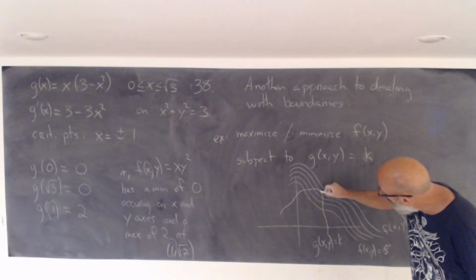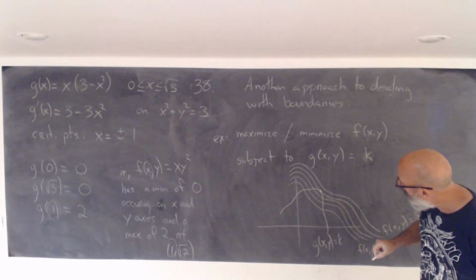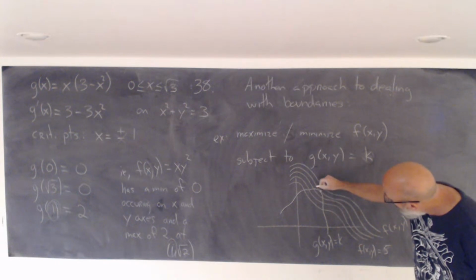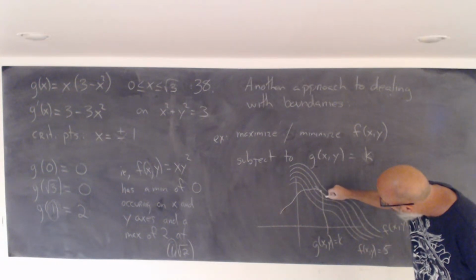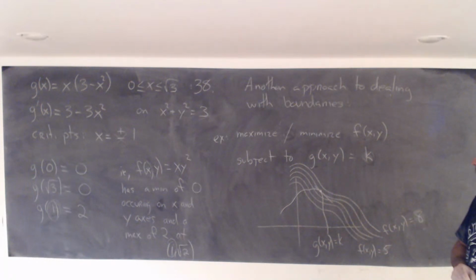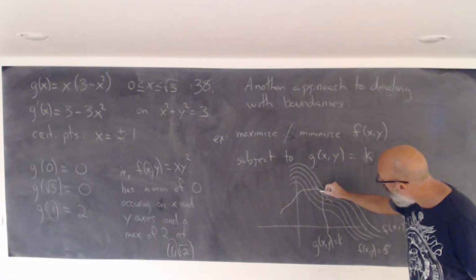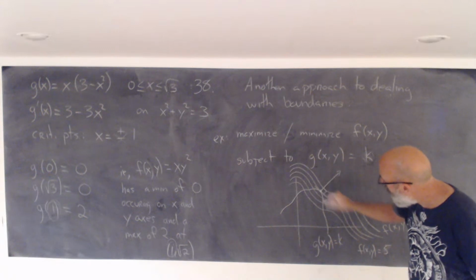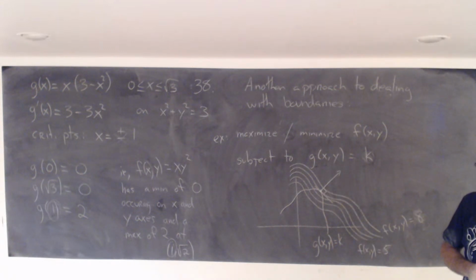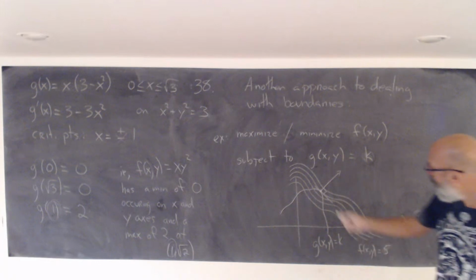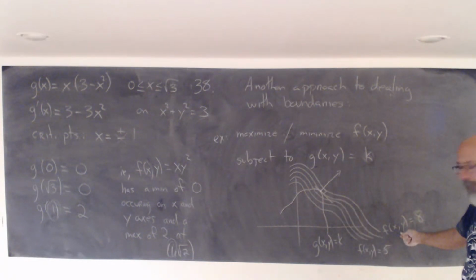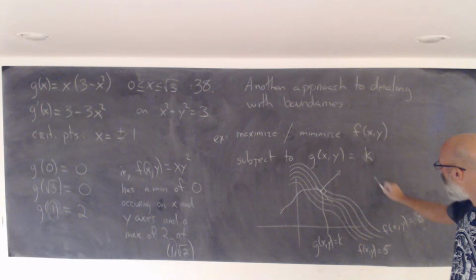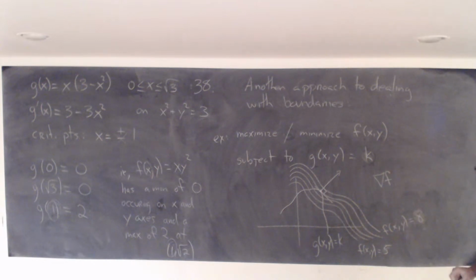But more importantly, observe what is happening here. The tangent lines have the same slope. So the normal lines have the same vector. But the gradient is normal to the level curves.